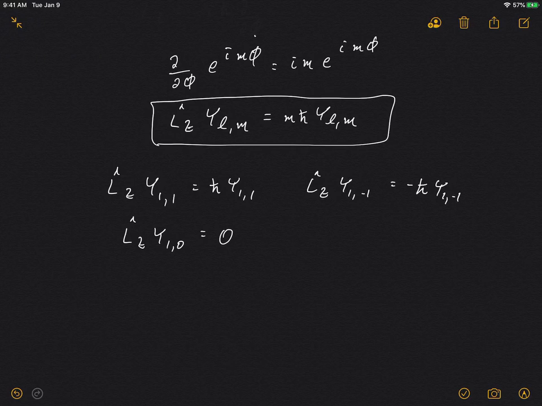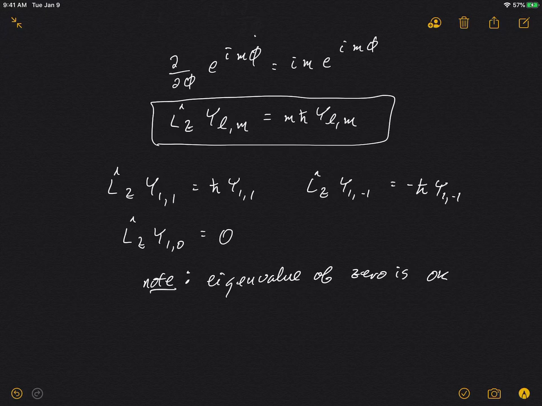An eigenvalue of 0 is okay. It might make us pause for a second, but it doesn't mean we just stop. It just looks like it doesn't quite seem to follow the typical form of operator acting on function gives you constant times the function.